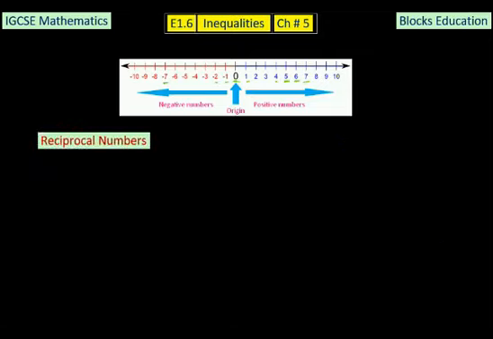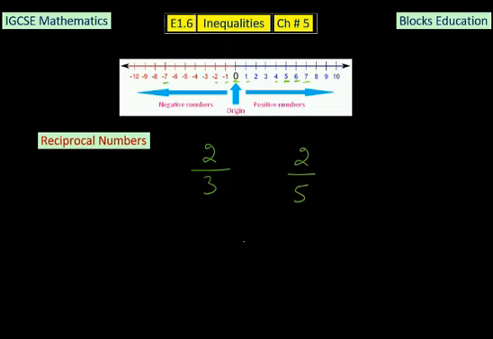The next thing you should be very much familiar with is the reciprocal number. So what are basically reciprocal numbers? Let's suppose I write a number 2/3, and I write another number, let's suppose 2/5. Right.